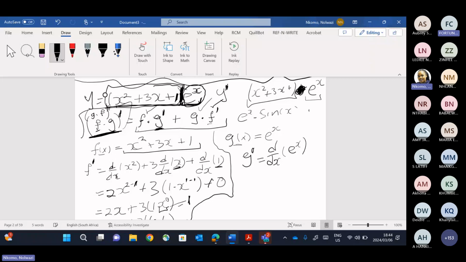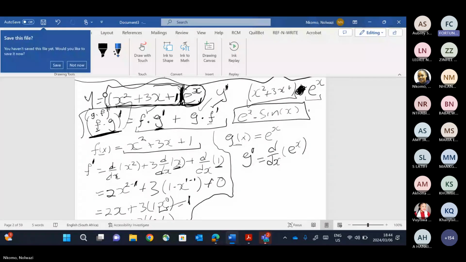Do we need to worry about those types? No, don't worry about trig. It's not covered in this module.